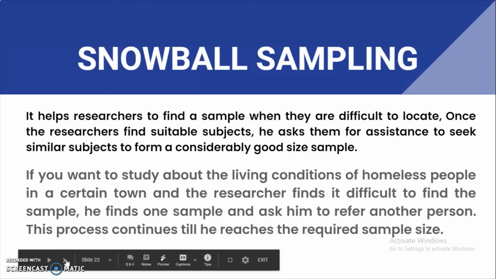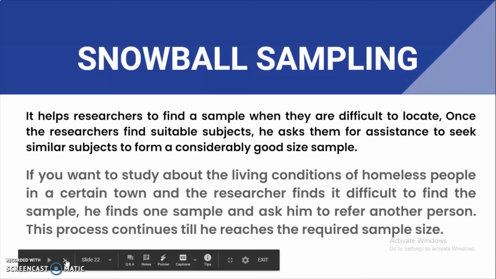So here is an example. If you want to study the living conditions of homeless people in a certain town, and the researcher finds it difficult to find the sample, he finds one person and asks him to refer another person. This process continues till he reaches the required sample size. As I told you, this is used when the researcher finds it difficult to locate the required sample.